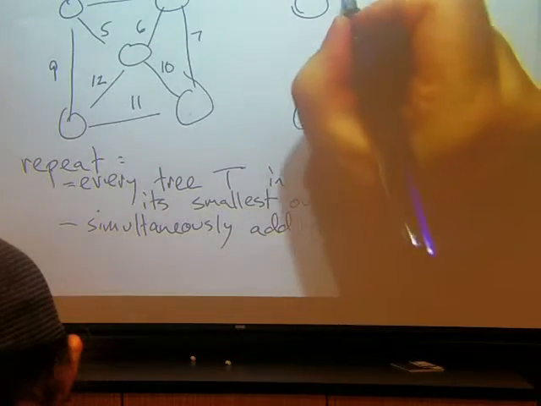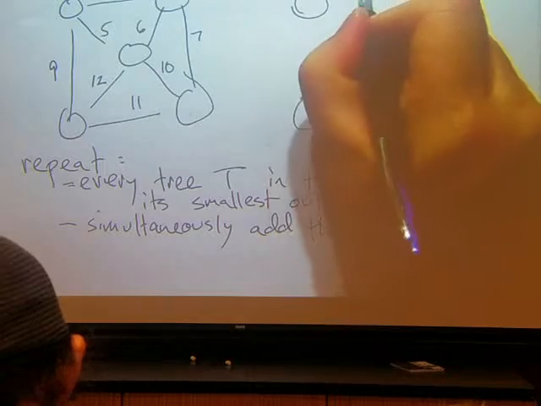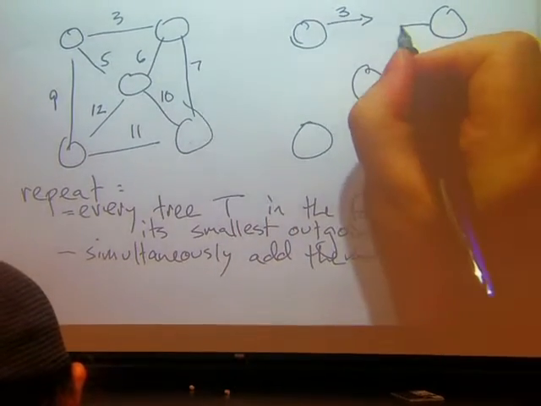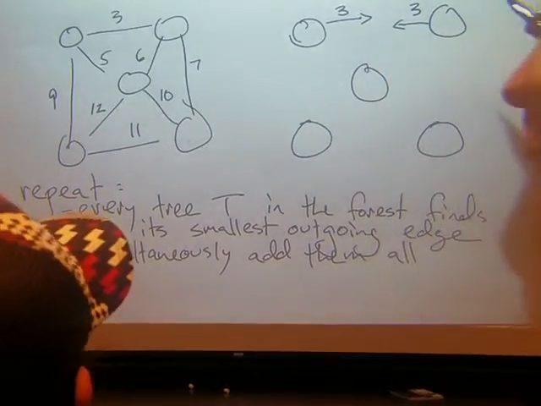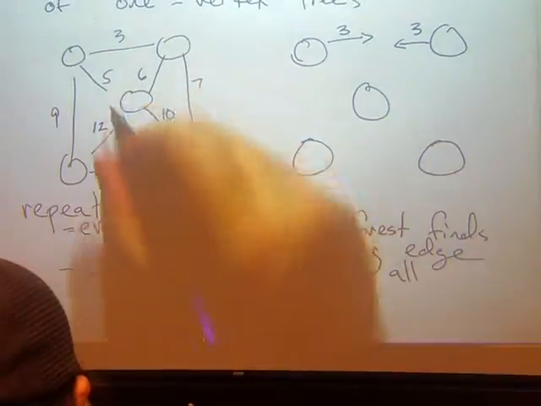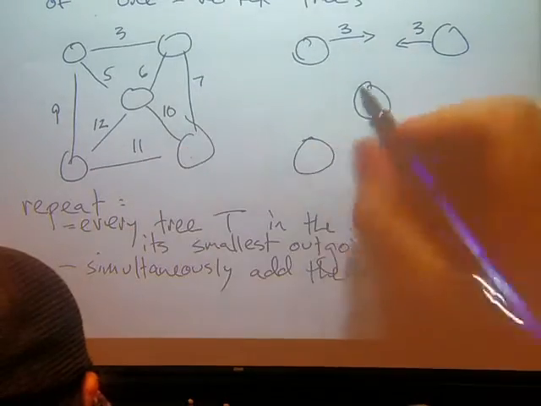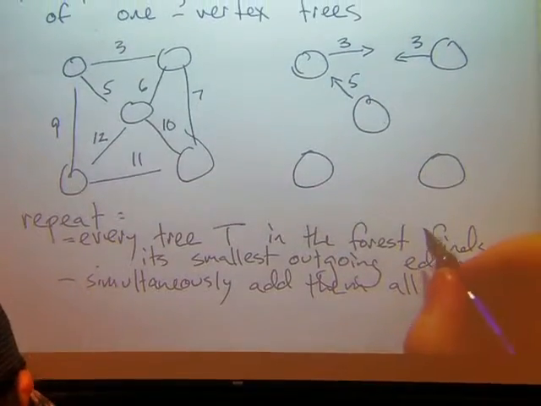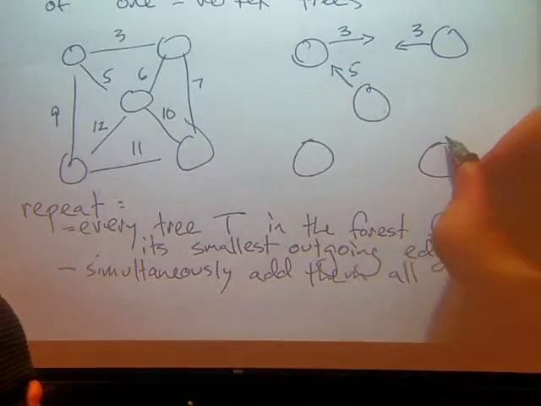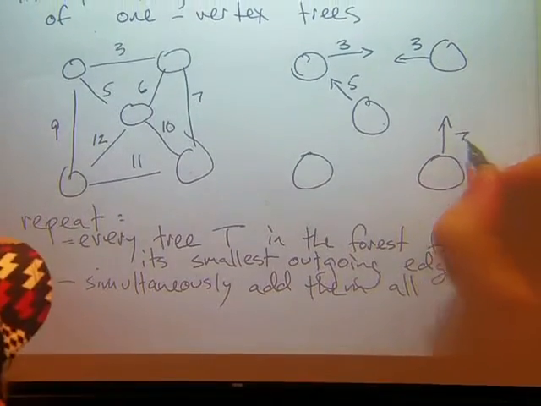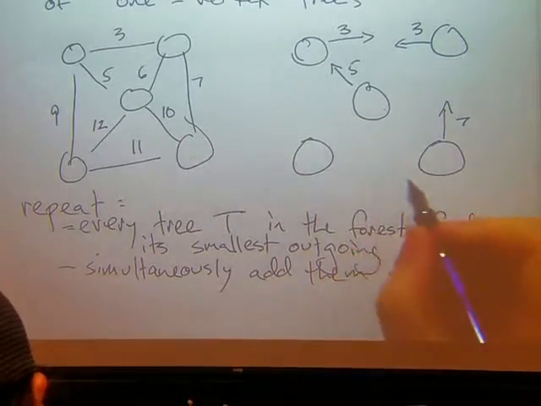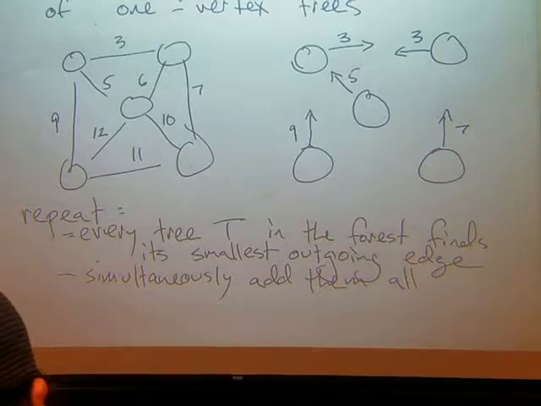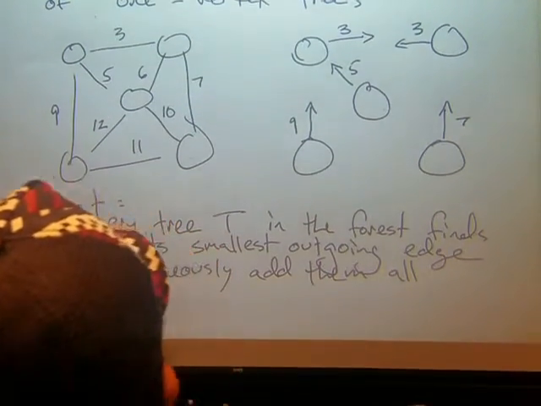So this tree finds the edge labeled 3. This tree finds the edge labeled 3. This one has 5, 6, 10, and 12, so it chooses the one labeled 5. This one has 7, 10, and 11, so it chooses the edge labeled 7. This one has 9, 12, and 11, so it chooses the edge labeled 9. And in this case, actually, we get the whole tree all at once.